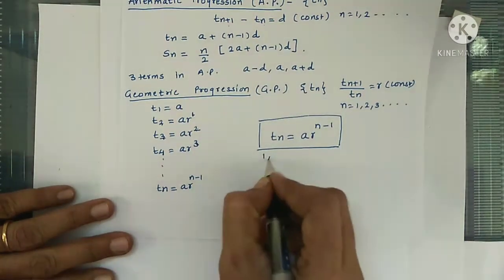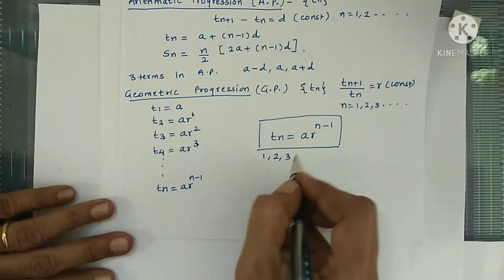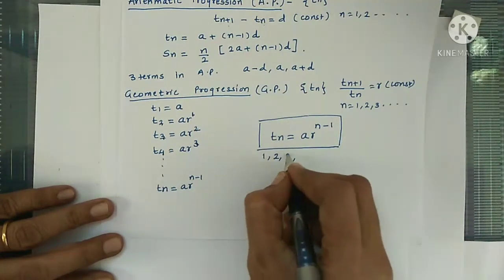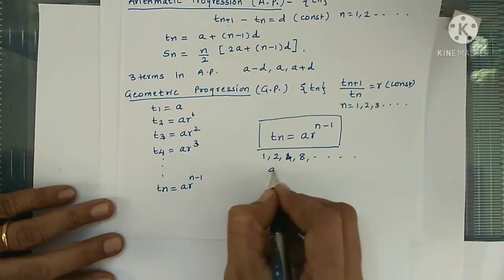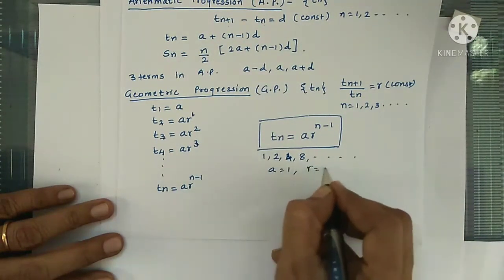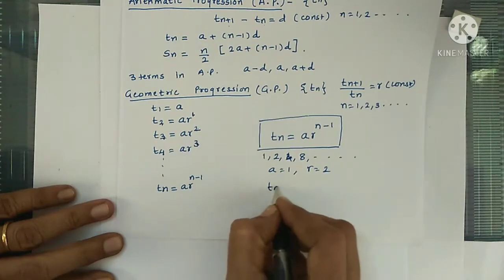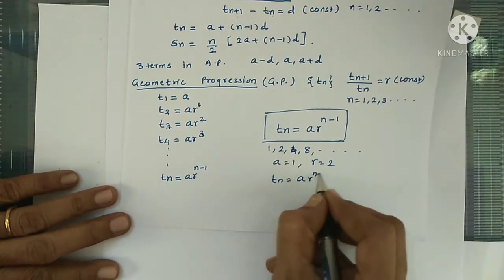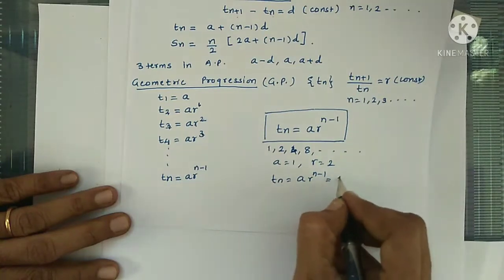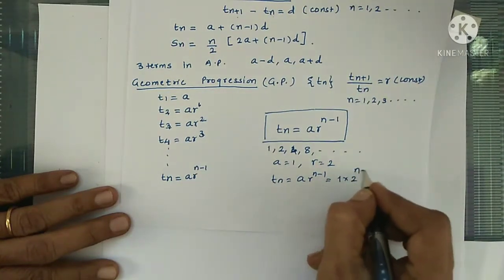Now let's see this example: 1, 2, 4, 8 and so on. Here a equals 1 and r equals 2. So the nth term is given by a r raised to n minus 1. So a is 1, r is 2. So 2 raised to n minus 1.